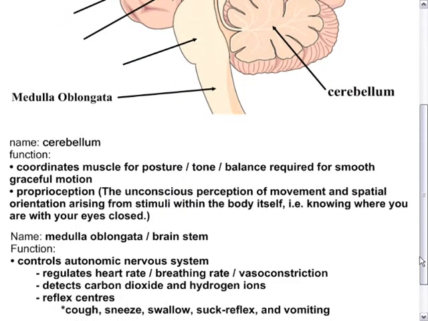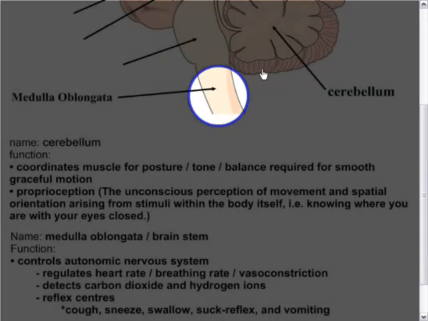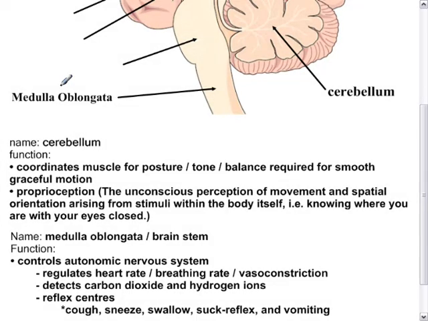The next structure is the medulla oblongata, sometimes also called the brainstem. The medulla oblongata is located in this region and controls your autonomic nervous system. Your autonomic nervous system regulates your heart rate, your breathing rate, vasoconstriction.